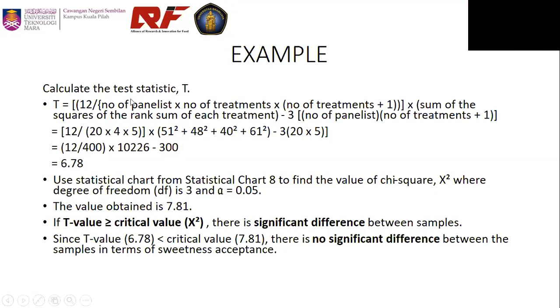Okay, what is the next step? So this is the test statistic, or T value. Now you have to refer to the statistical chart to find the value of chi-squared, where degree of freedom is 3 and probability is 0.05.